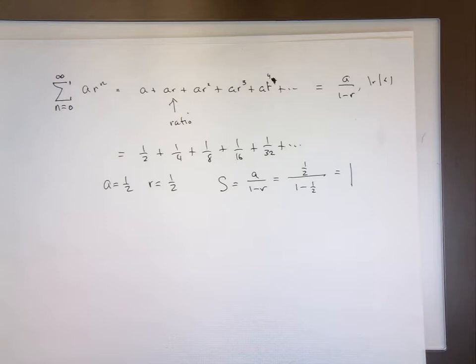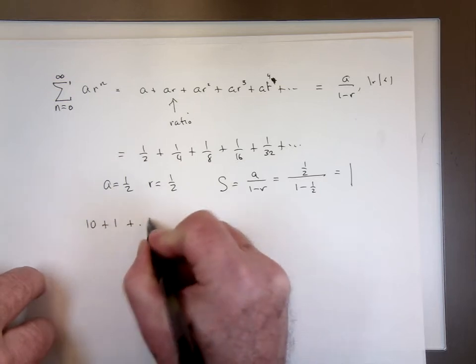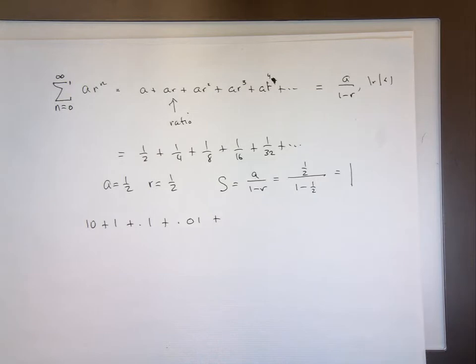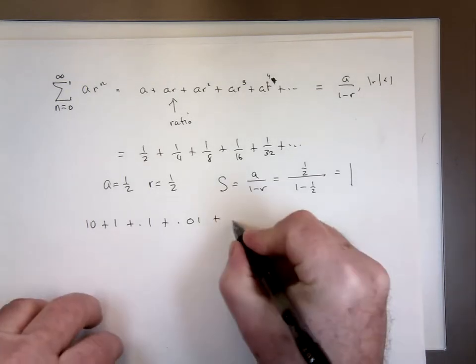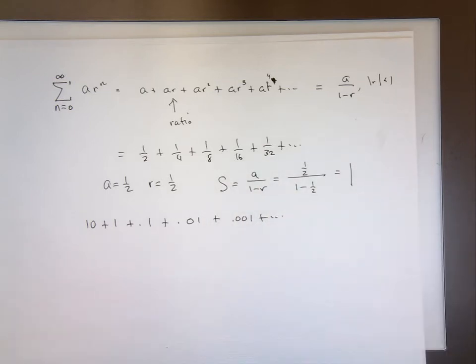Here's that infinite series. Let's say it turns out to be 10 plus 1 plus 0.1 plus 0.01. And each time the time increment is going smaller and smaller, obviously, because the distance traveled is smaller and smaller. Can you tell me what the sum of that is? Well, maybe it is geometric.